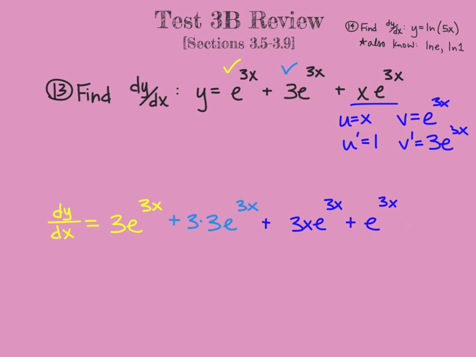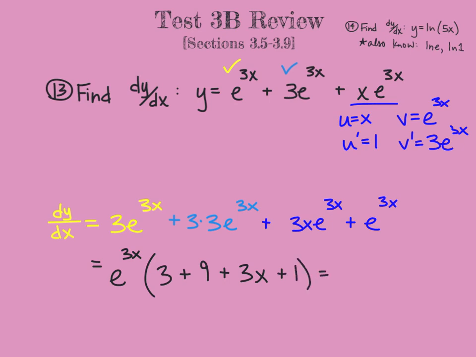So cleaning up, what I'm going to do is factor this entire equation. In every single term, the only thing that we have in common is an e to the 3x. What we're left with from our first term is a 3. From our second term, a 9. In our third term, a 3x. And in our fourth term, just a 1.